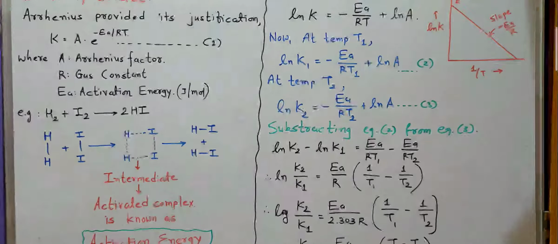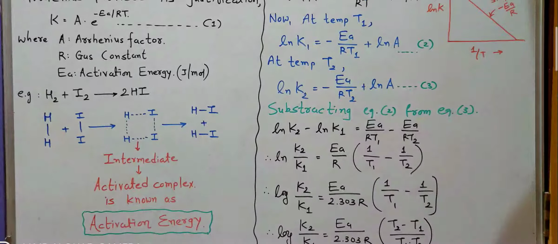You can see over here, in the middle of the reaction there is a formation of an intermediate product, or we can say an intermediate complex, and this complex is known as activated complex. And after the research by Arrhenius, the energy of this activated complex is known as Arrhenius constant or activation energy.